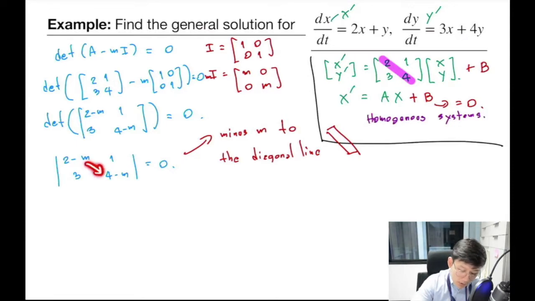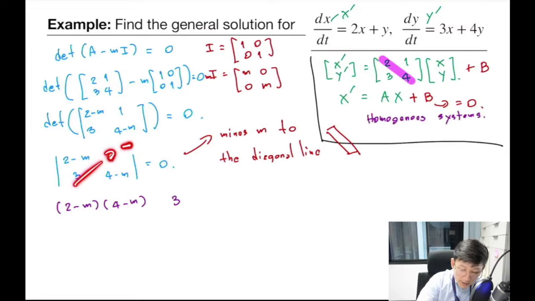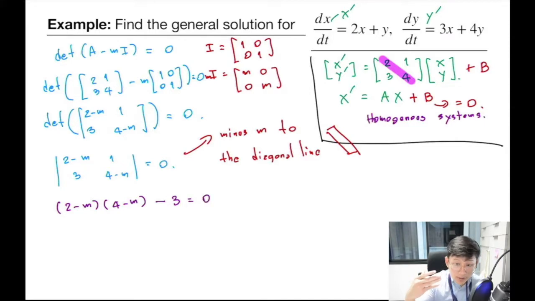So here, this times this, you get 2 minus M times 4 minus M. And then you multiply up, so you get 3, but when you multiply up you need to put a minus, equals 0.